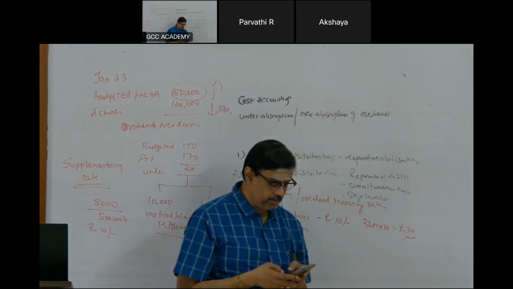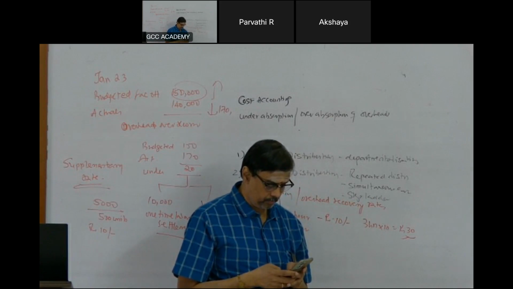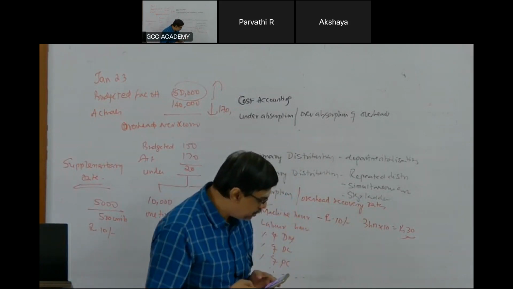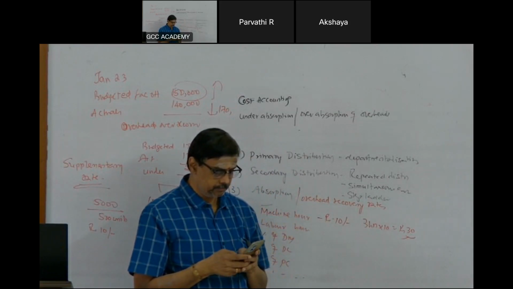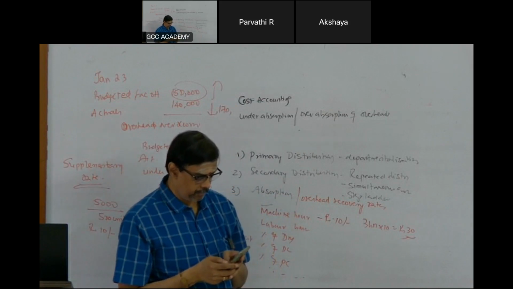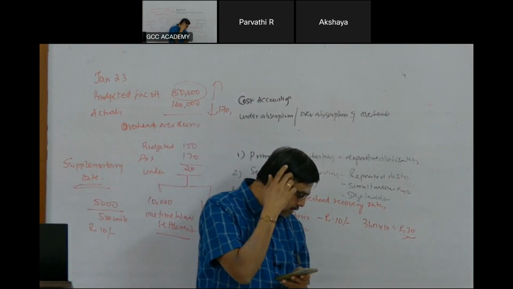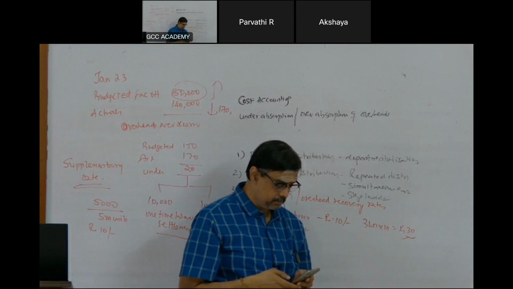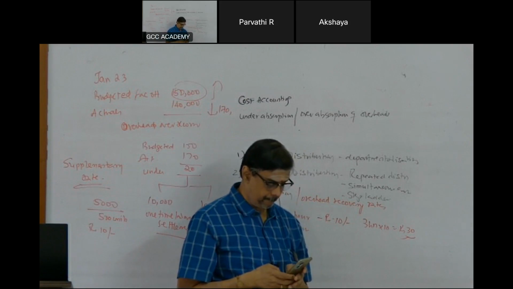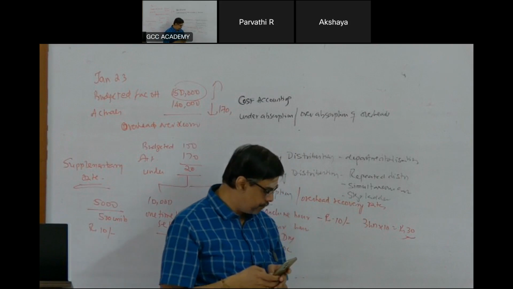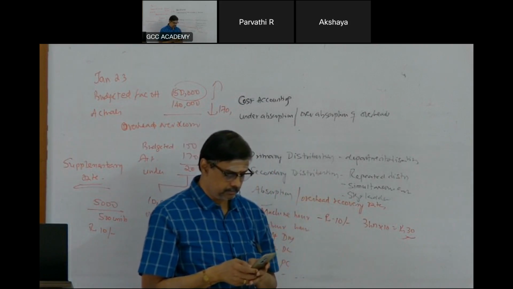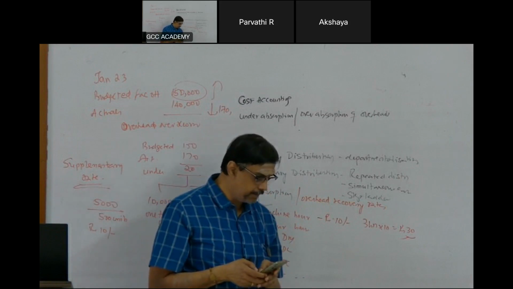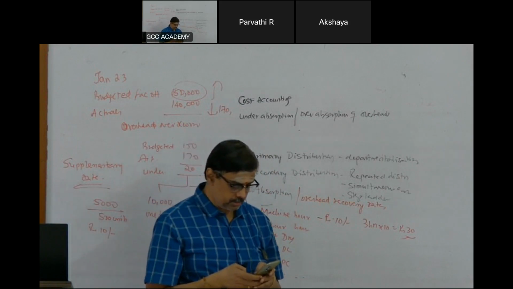Finished goods 20,000 units. Work in progress, within brackets, 50% complete in all aspects, 8,000 units.